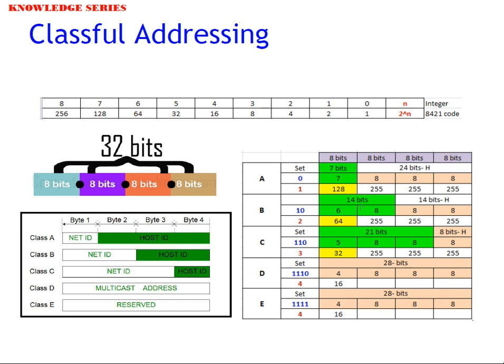This entire section is the net ID, but in the real sense it is only 14 bits, because 2 bits are taken to classify which class it is. It is class B, that's why you have taken 10, the 2 bits. So only 14 bits are there. Out of these, 8 bits are kept as a full byte and the remaining 6 bits are defined on the left side.